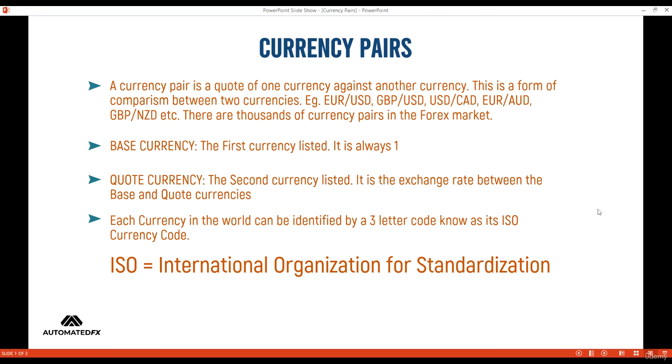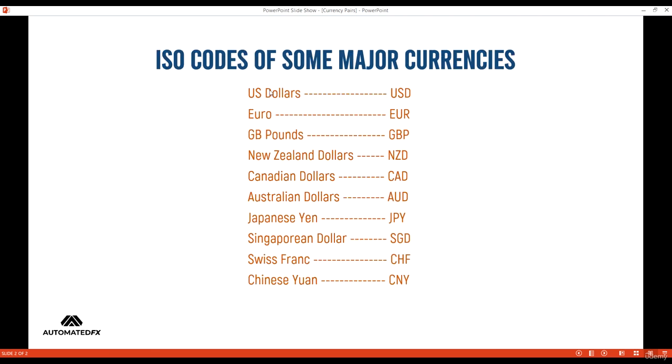I've listed some ISO codes of some major currencies: the US dollar, which is USD, the euro, which is EUR, the British pound, which is GBP, the New Zealand dollar, which is NZD, the Canadian dollar, which is CAD, the Australian dollar, which is AUD, the Japanese yen, which is JPY, the Singaporean dollar, which is SGD, the Swiss franc, which is CHF, and the Chinese yuan, which is CNY.